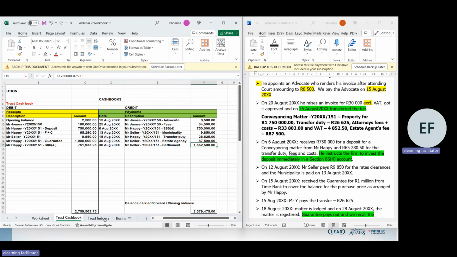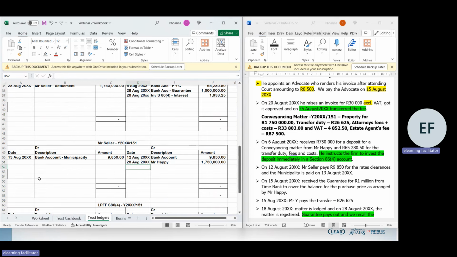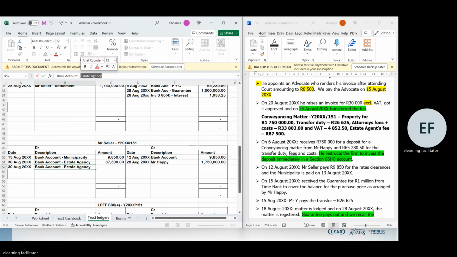So when we go to our ledgers, we go to Mr. Seller's ledger. So 30 August 20XX. Okay. For the bank account, we pay the estate agents. How much? 87,500, and then we do the final settlement to Mr. Seller for the property sale.